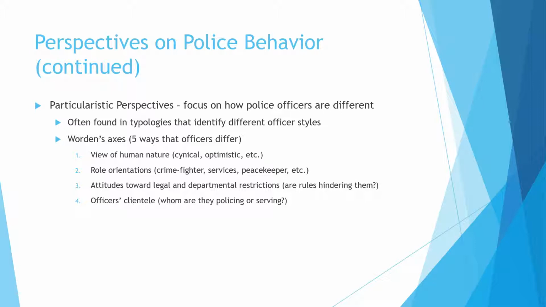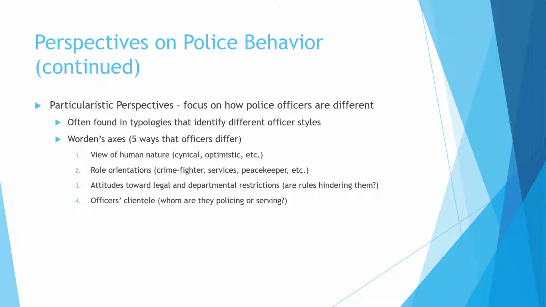Whom do the police actually police? Who are their clientele? This could obviously be the citizens that they police. Do the police respect them? Do the police recognize that they're human beings with rights and feelings and dreams and beliefs and all those other kinds of great things? Or do they view them as mostly the enemy?